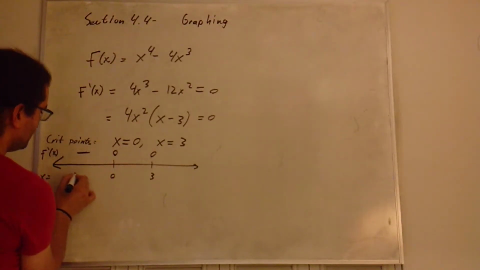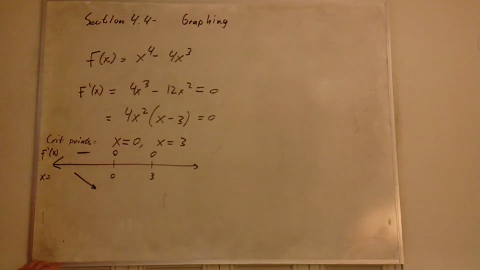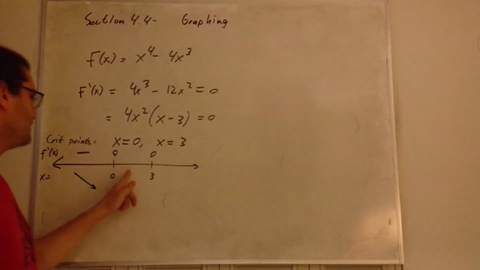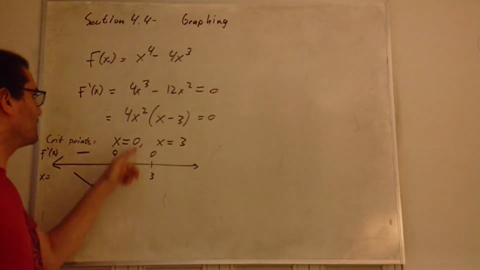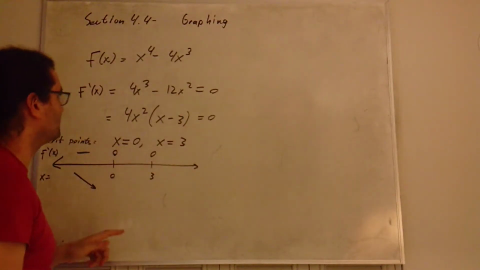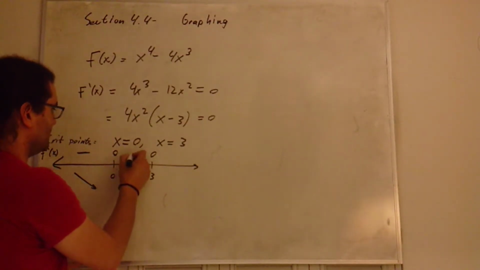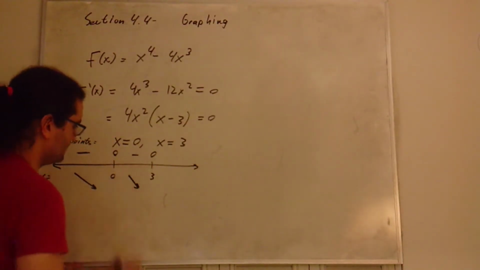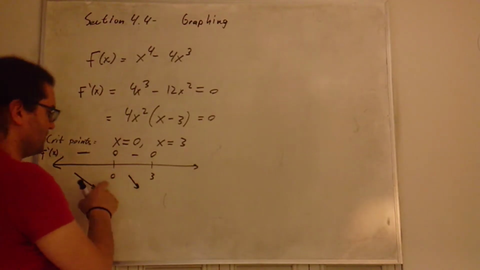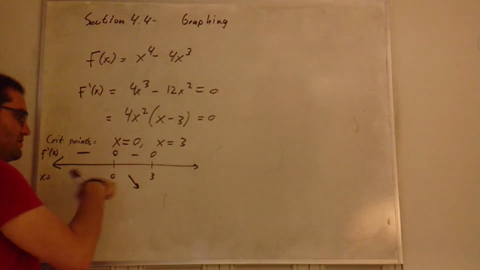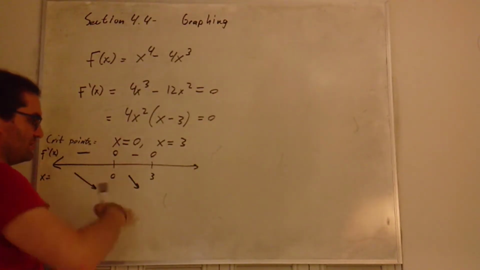So this function is decreasing to the left of 0. Between 0 and 3, I can plug in 1. That would be 4 minus 12, which is negative 8, so it's negative again. It's still decreasing here, though it pauses in the middle of its decreasing. It pauses to go flat for a second.